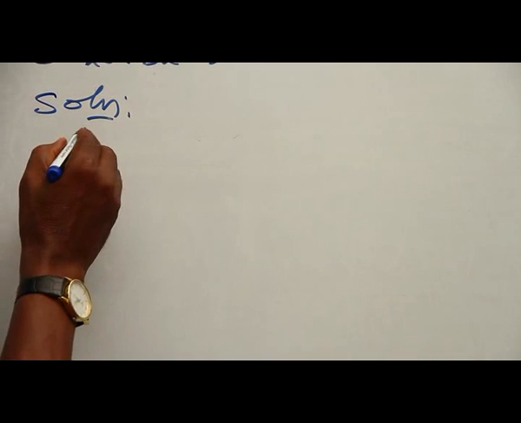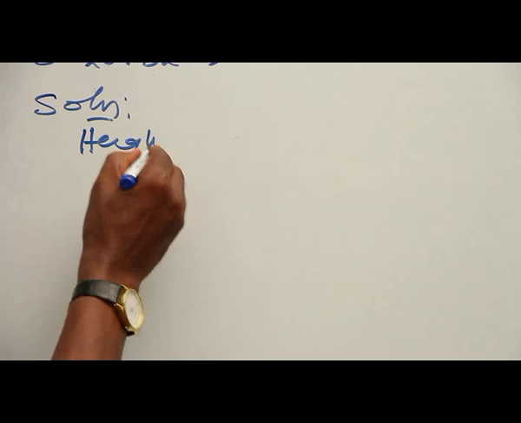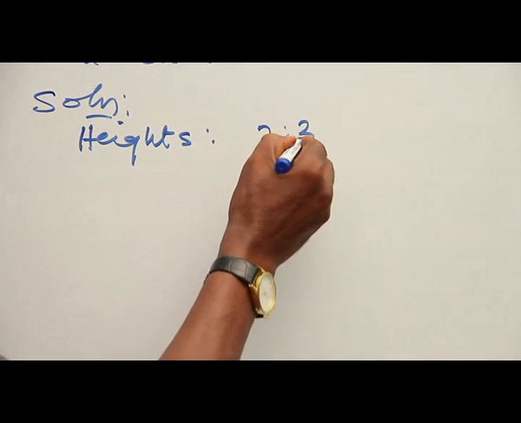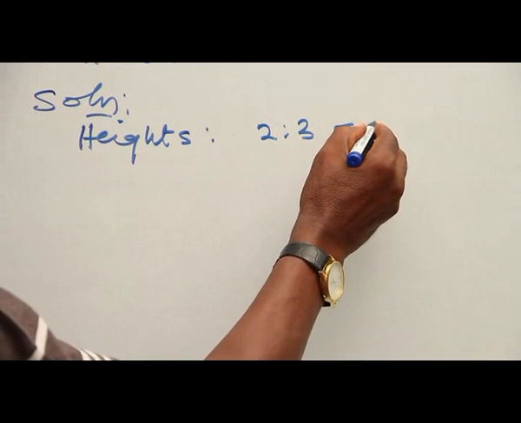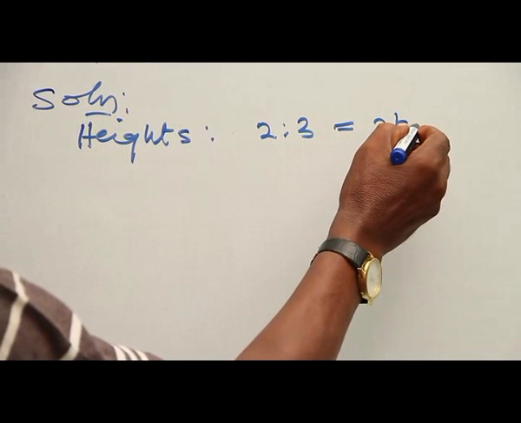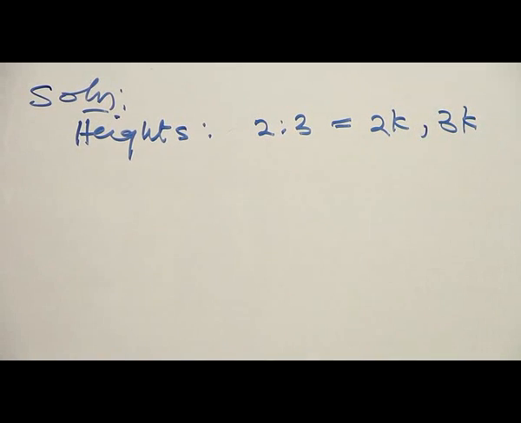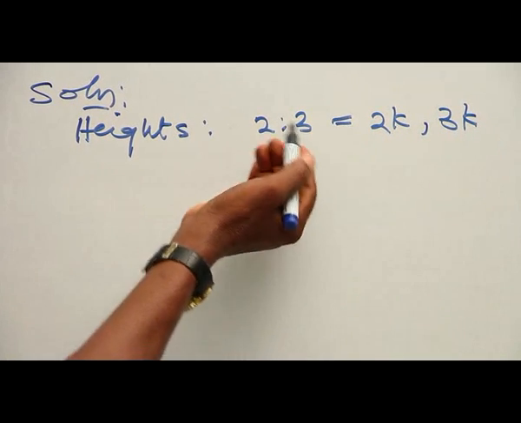Our solution? Now, if you take a look at this, we are given the ratio of the height. So the height is in the ratio 2 to 3. So let's say this is equal to 2K and 3K, the actual values, because the ratio is in the simplest form.